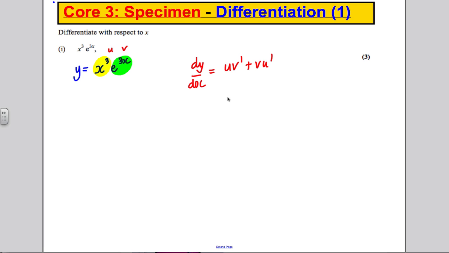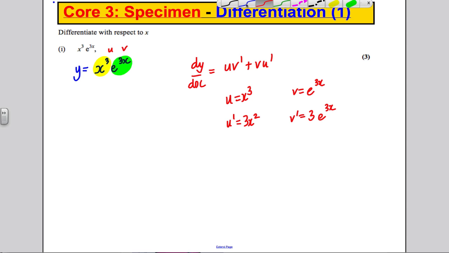Okay, write down what your u is. Your u is x cubed, so that would make the derivative u dash 3x squared. Your v is e to the 3x, and so your v dash would be the derivative of e to the 3x, 3e to the 3x. Then just substitute in your dy by dx. dy by dx, therefore using the product rule, is uv dash, so x cubed 3e to the 3x.